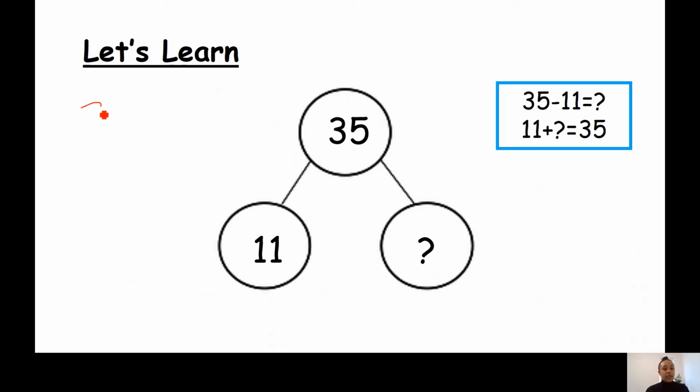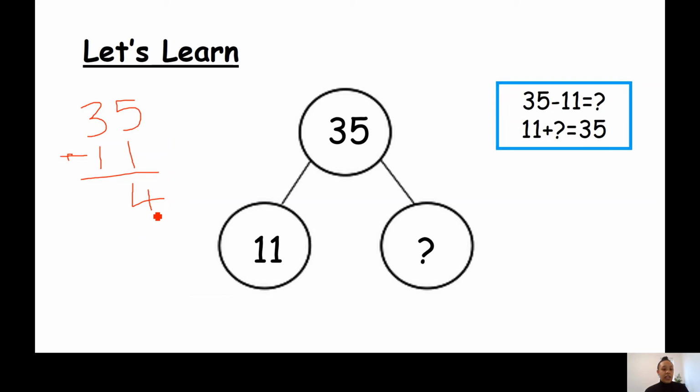If we have 35 there, and when I say column method subtraction, this is just an easier way for us to set it out. I'm putting 35 at the top because that's my whole, and I'm going to take away one of the parts that I've got here, 11. So 35 take away 11, underline it. 5 take away 1, we know that's 4.